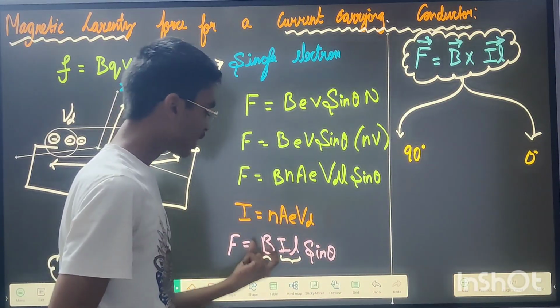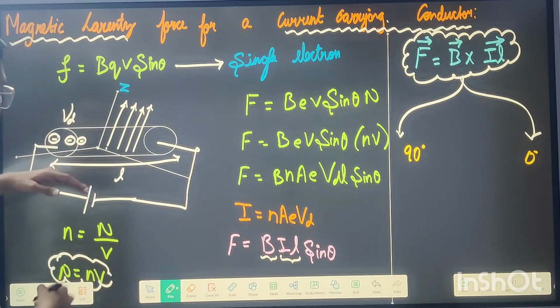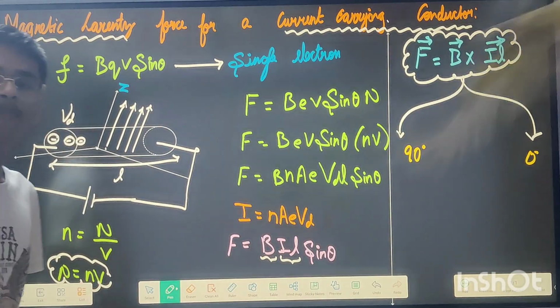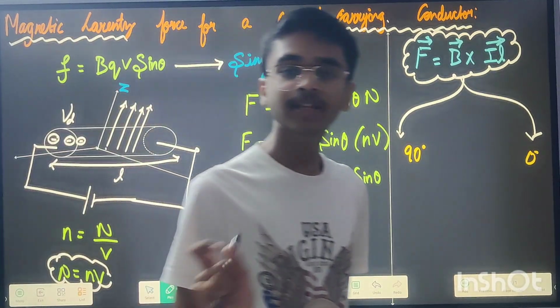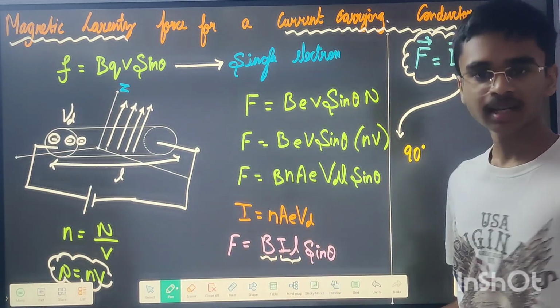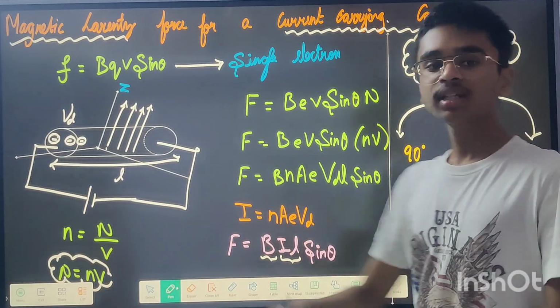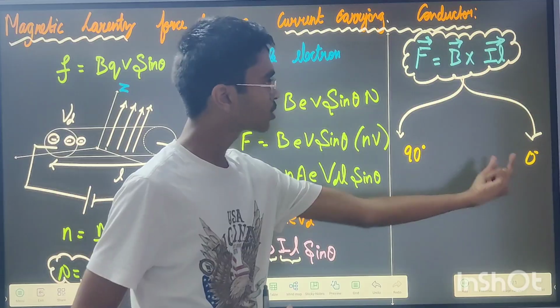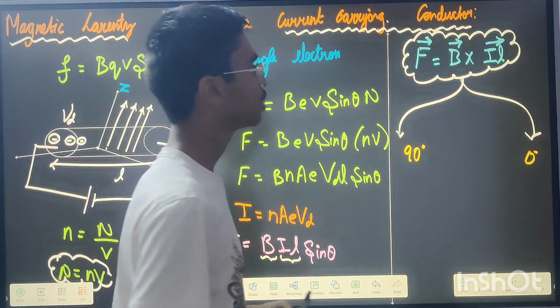So that means the angle between magnetic field and the current, both have to be perpendicular to each other, then only it will be maximum. And when the magnetic field and the current carrying conductor are aligned in the same orientation, then they will be at 0 degrees. So that will be the time where this Lorentz force will be minimum.